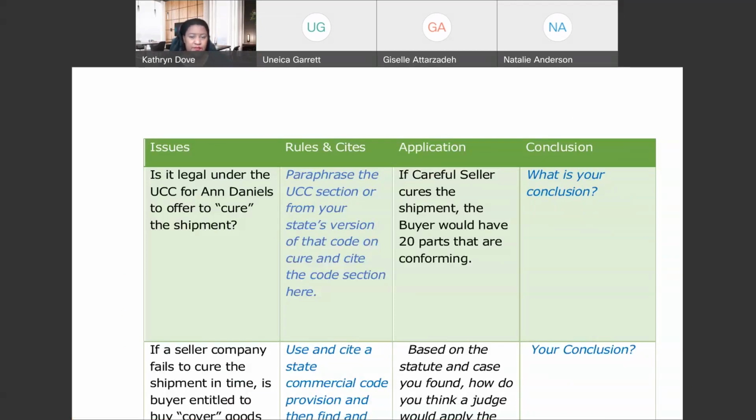The application: if careful seller cures the shipment, the buyer would have 10 parts that are conforming, and then your conclusion. So this is a way to learn to do the IRAC format, which you have to do in law school as well. So the issue has been identified. You find the rule. Here's your application, and then you need to reach the conclusion.